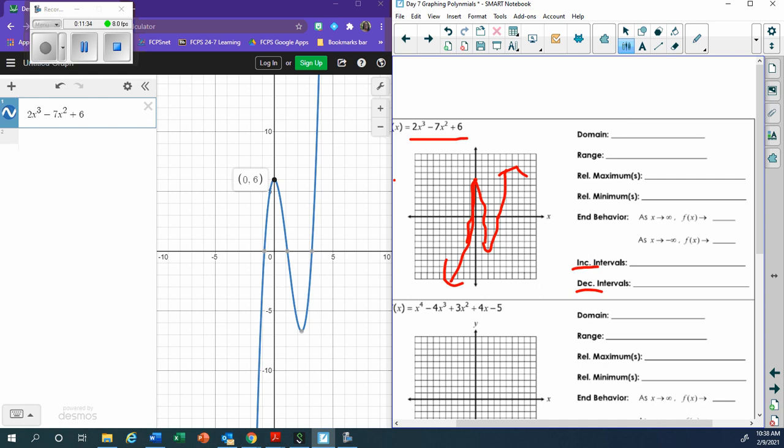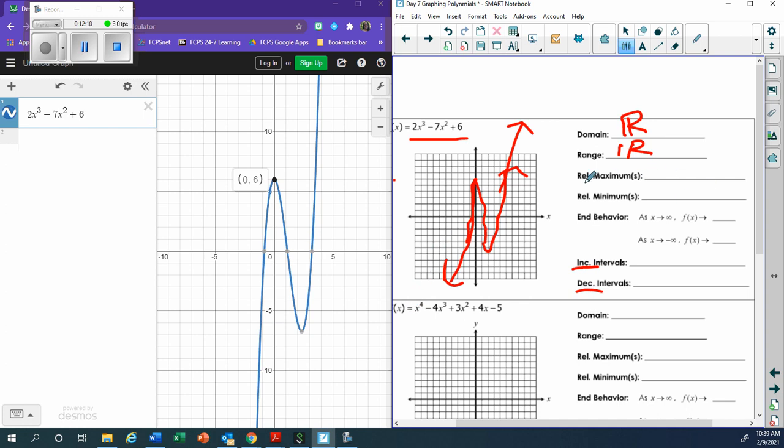I'm waiting. Adley, Connor, Giovanni, Ishmael, Jacqueline. Domain is what? All real numbers, because it goes up infinitely this way, down this way, so the x is covered. The same way for the y, it's going to be all real numbers, because it keeps going, right? There's no limit. So that's going to be all real numbers.